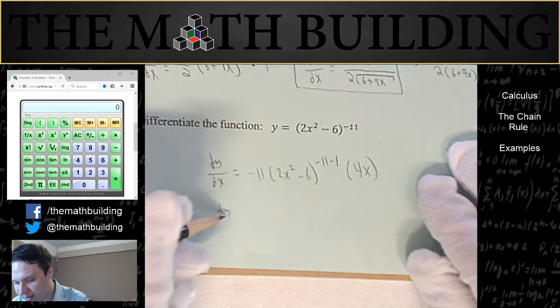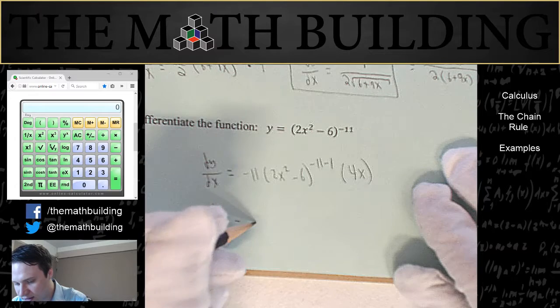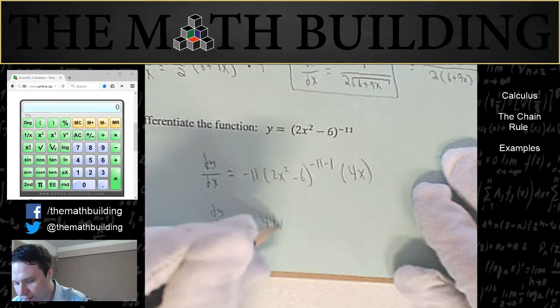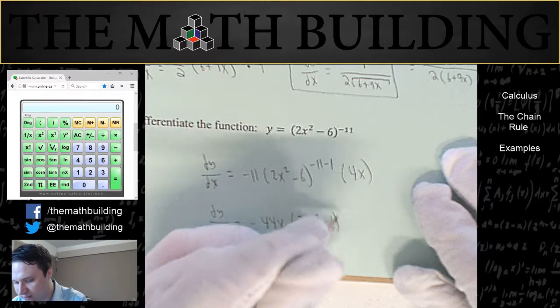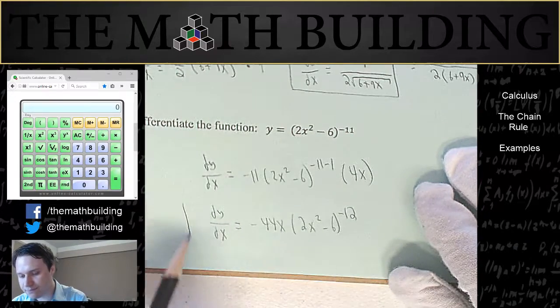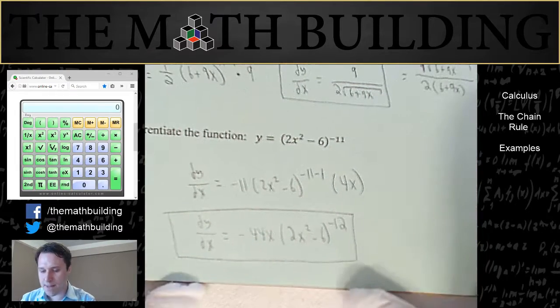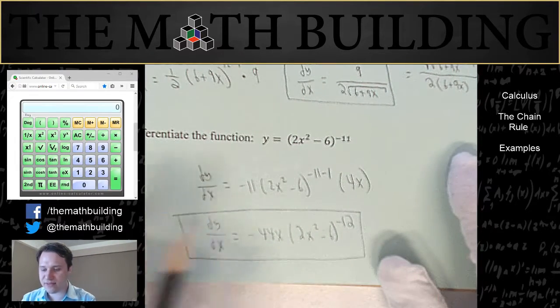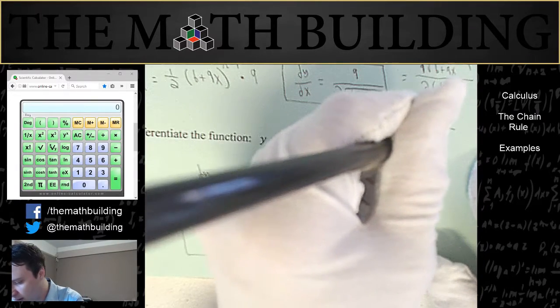Let's simplify a tiny bit. That would be -44x times (2x squared minus 6) to the -12. And that's it. You'll notice that the initial function would have been this fraction right here.